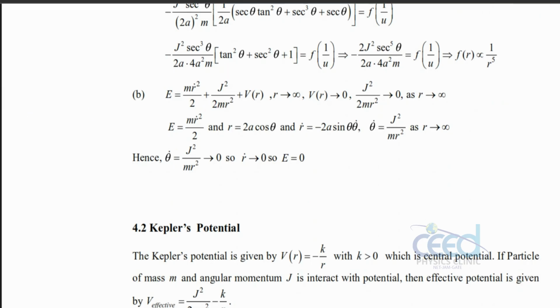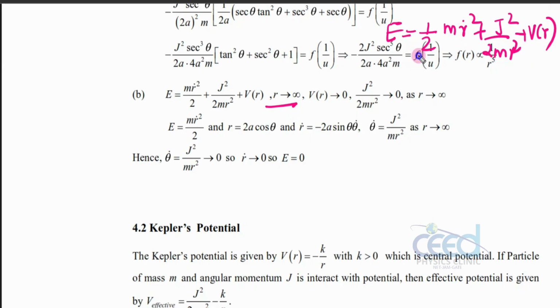Now in centralized motion, what is the energy we have seen? It has a radial part: half m r dot square plus j square by 2 m r square plus v of r. This is the energy expression we already saw in the previous lecture. Now in the question they have given r tends to infinity.